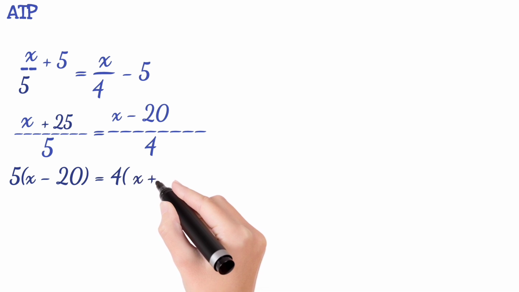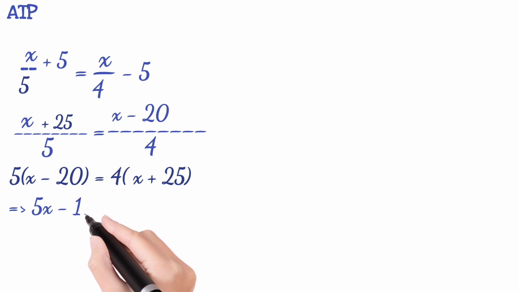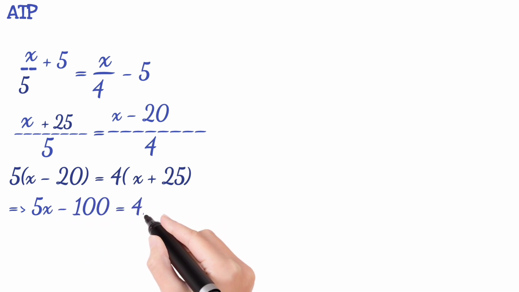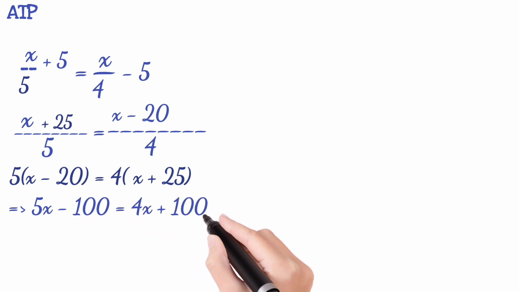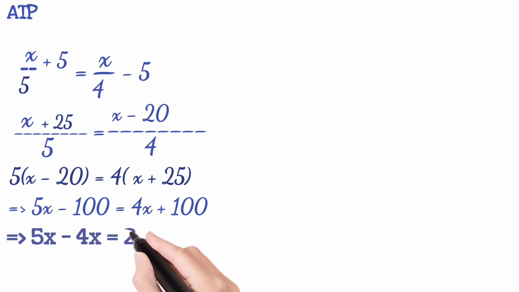So we will multiply x minus 20 by 5 and x plus 25 by 4. Okay. Now 5x minus 5 times 20, that is 100, equals 4 into x, 4x plus 4 into 25, that is 100.